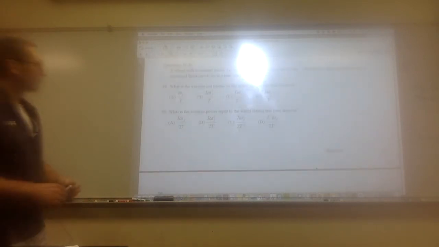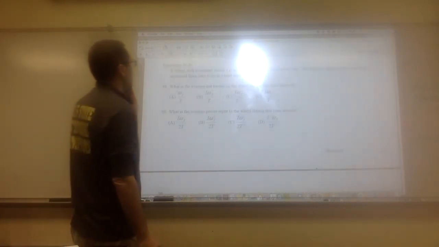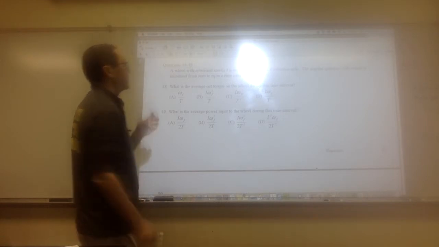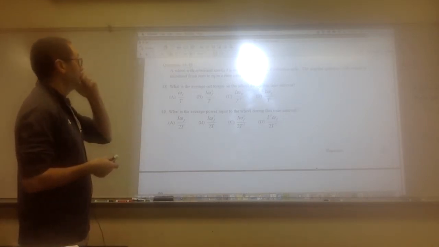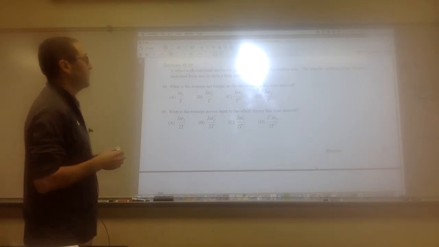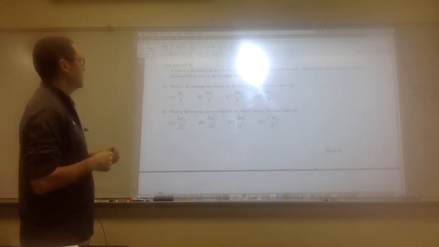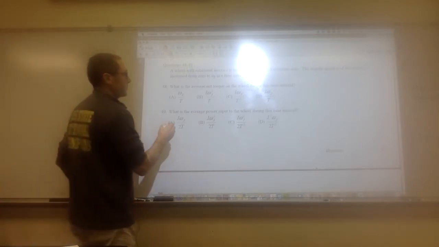Okay, 48. A wheel with rotational inertia I is mounted on a fixed frictionless axle. The angular speed omega of the wheel is increased from 0 to omega f in a time interval t. What is the average net torque?